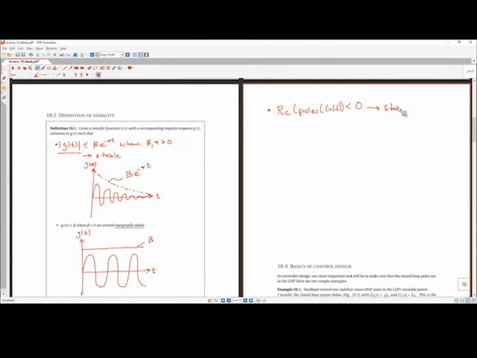If the real part of all the poles of G(s) are less than or equal to 0 with no repeating poles on the imaginary axis, we call this marginally stable.